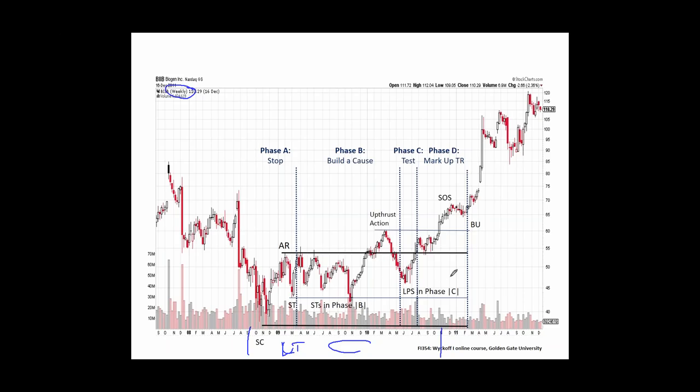In this case, we've come down to the weekly, and you can see the principles at work here: selling climax, automatic rally, secondary tests, a big B phase, and then a C phase final test, which is a last point of support, which we just looked at on the monthly chart, same areas. You could take a point and figure count of that base to gain some objectives, and then you have the jumping out, the backing up.